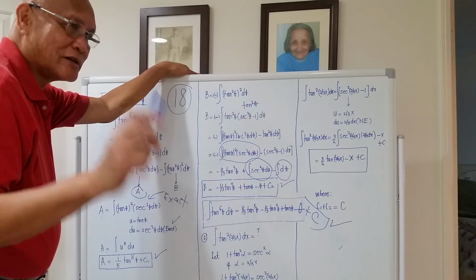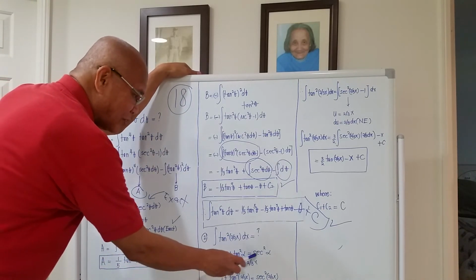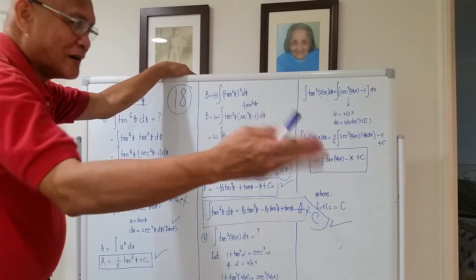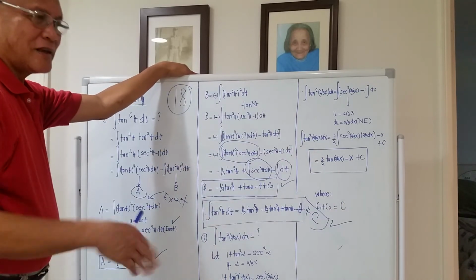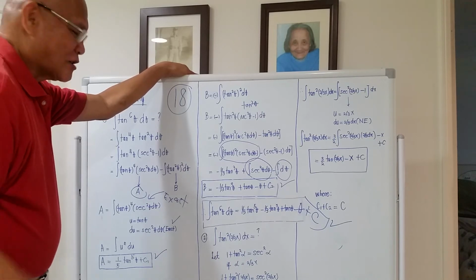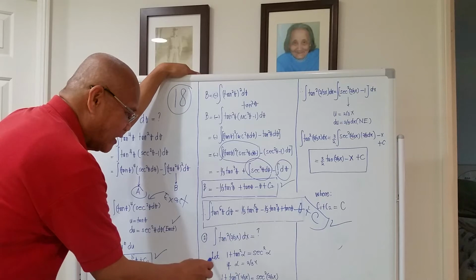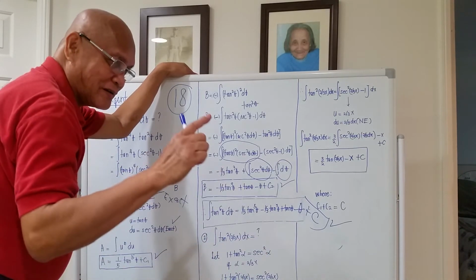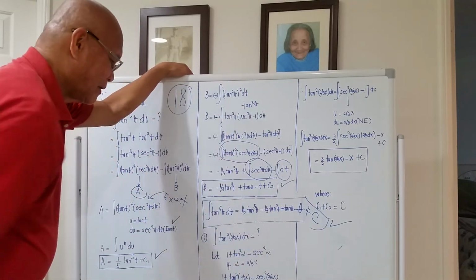One of those identities is 1 plus tangent square of alpha equal to secant square of alpha. From my listing, it's theta. You could replace that one. Theta, alpha, beta, gamma, it doesn't matter, as long as the relation is correct. So we let 1 plus tangent square of alpha equal to secant square of alpha. That's a standard identity in terms of tangent and secant.